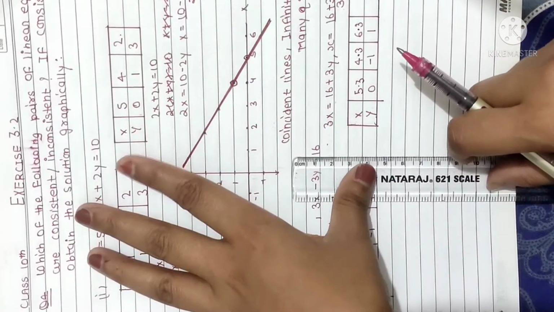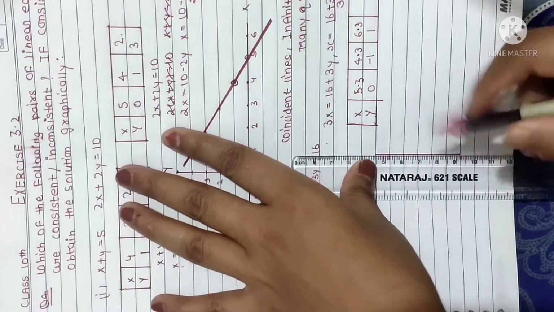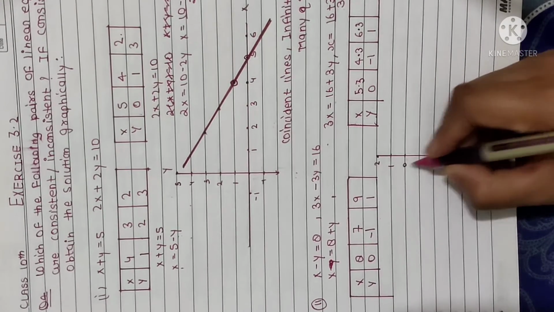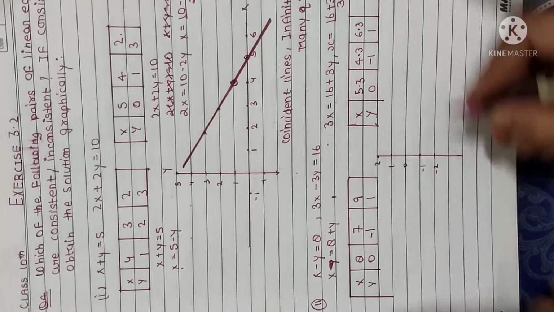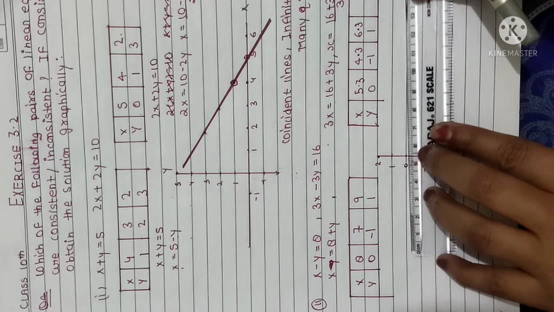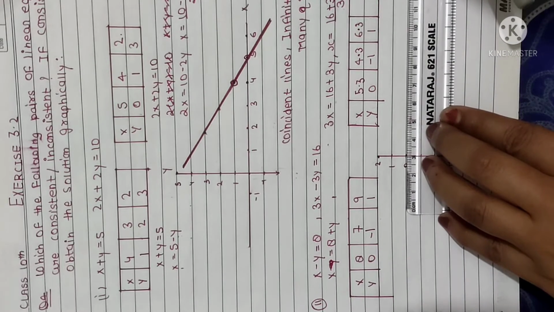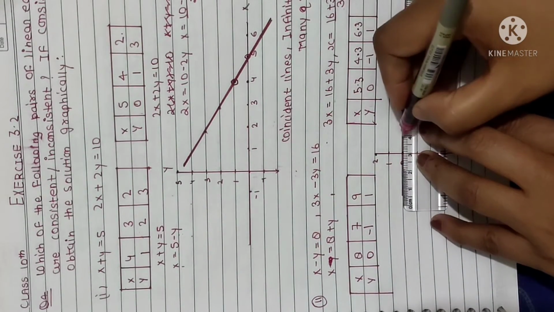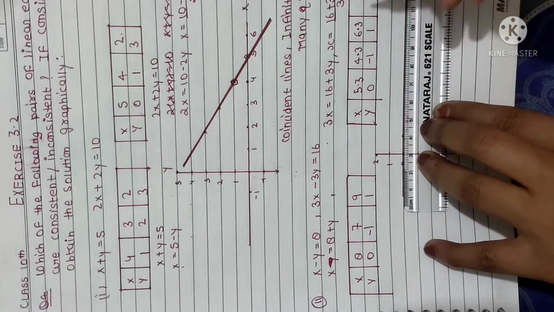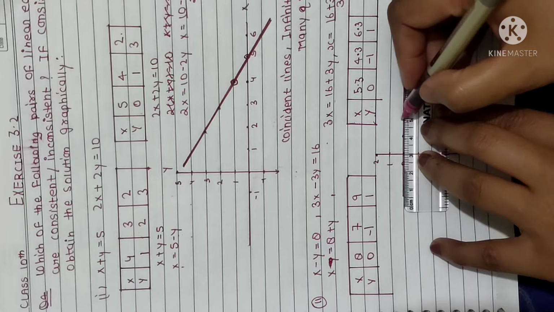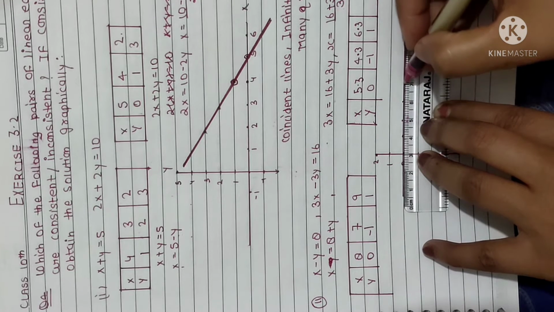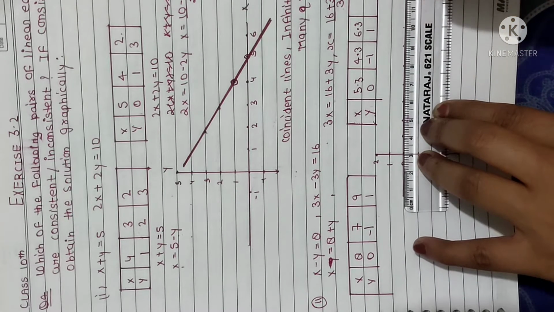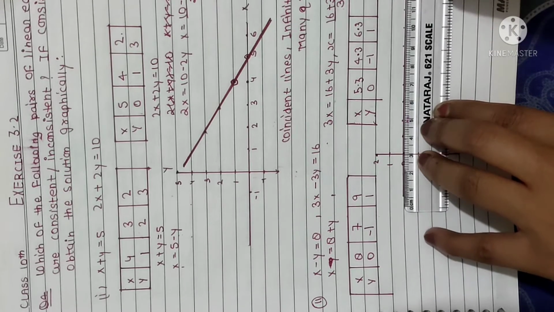So here I think this is enough: 2, 1, then 0, this is minus 1, minus 2. 8 is the maximum: 2, 3, 4, 5, 6, 7, 8, 9.